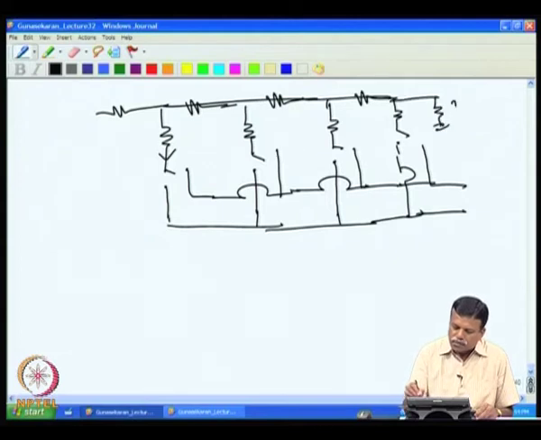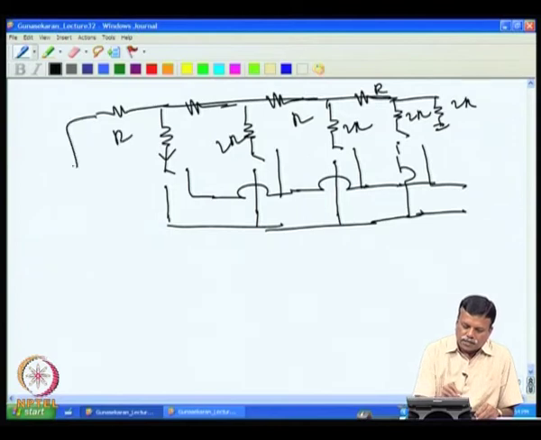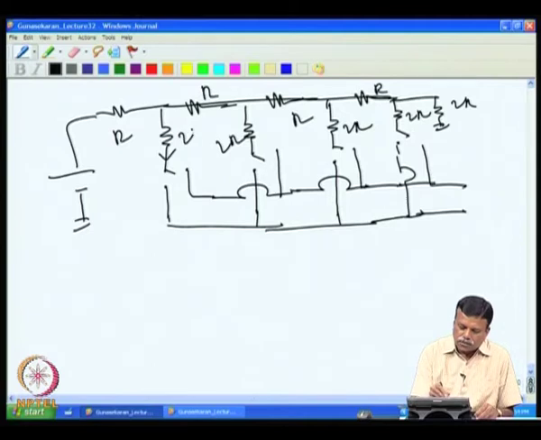Here we have 2R, 2R, R, 2R, R, 2R, then R, and the V reference is connected here, with R resistance here and 2R resistance here.